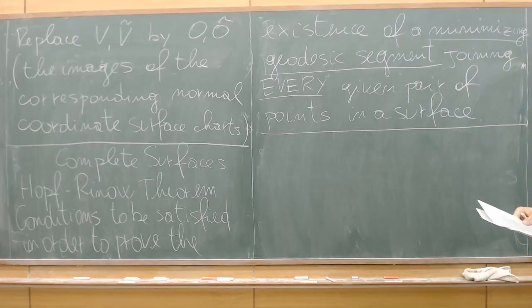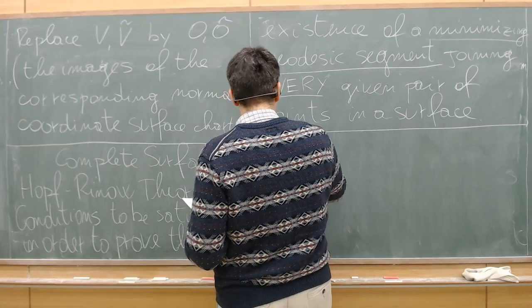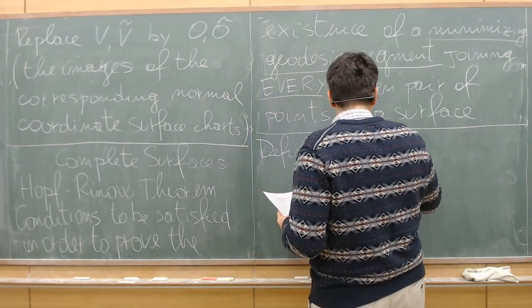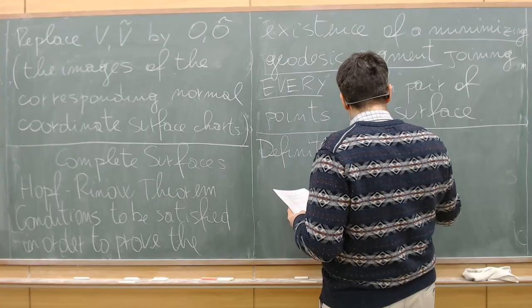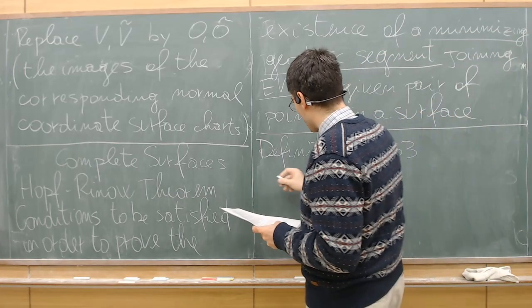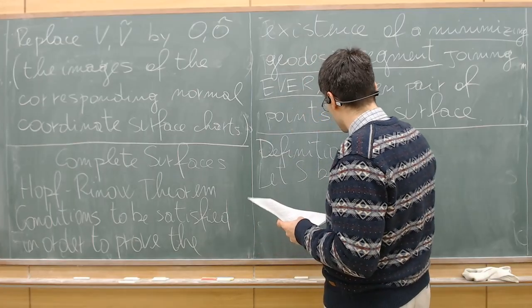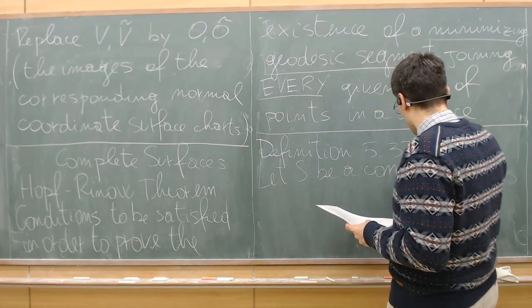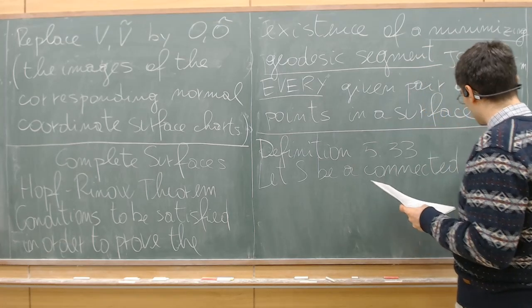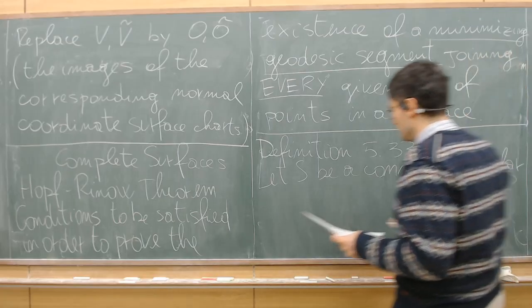Let's start giving the definition. Definition 5.33. Let S be a connected regular surface.